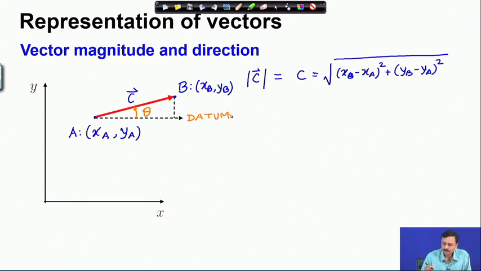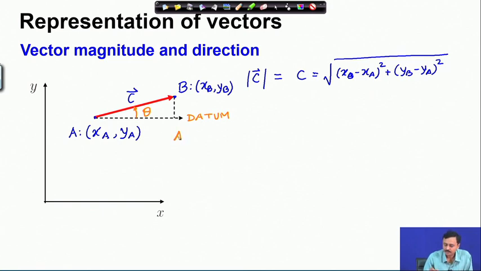One thing you need to remember is you have to measure angles only in one direction, so that the sign of the angle is taken care of. So, what I mean is I will measure any angle a vector makes with the datum as positive in the counterclockwise sense.